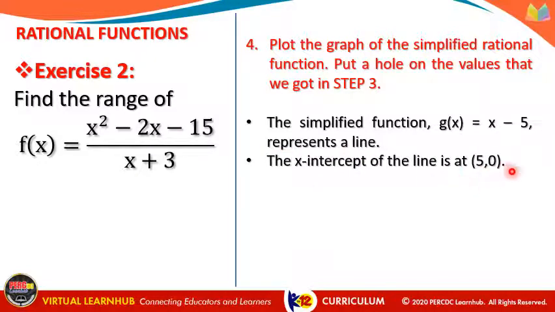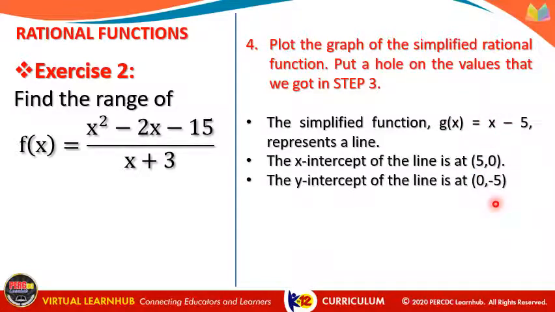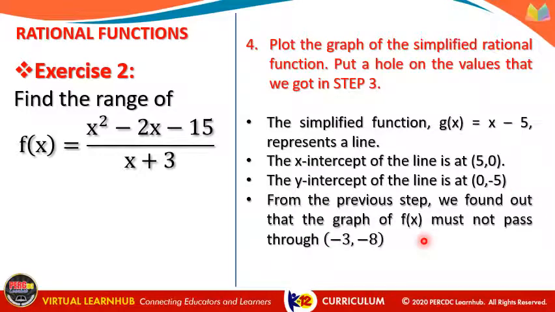Again, para makuha yung x-intercept, gawin mong 0 yung g of x and then solve for x. Makukuha mong sagot, 5. Ang y-intercept nito ay nasa 0, negative 5. Paano naman nakuha to? Diba? Isa-set mong 0 yung x and then solve for g of x. You will get negative 5. From the previous step, step 3, kanina nakita natin, hindi dadaan yung original function sa negative 3, negative 8.